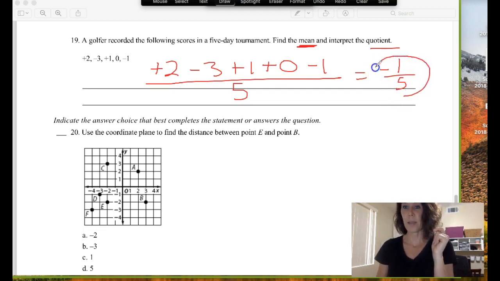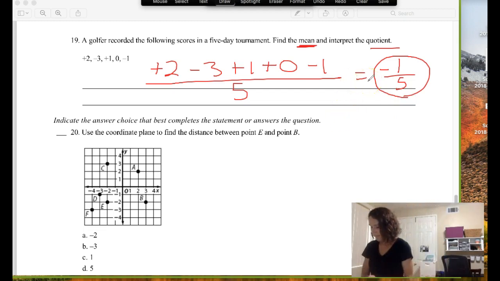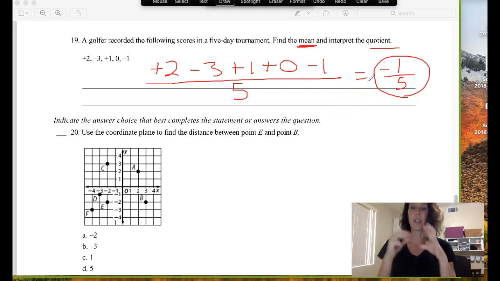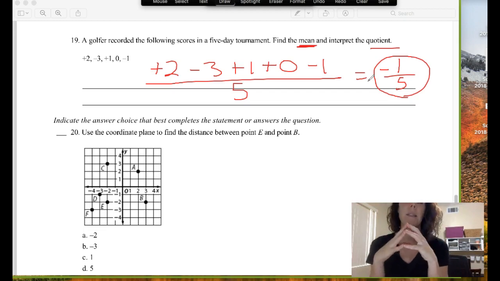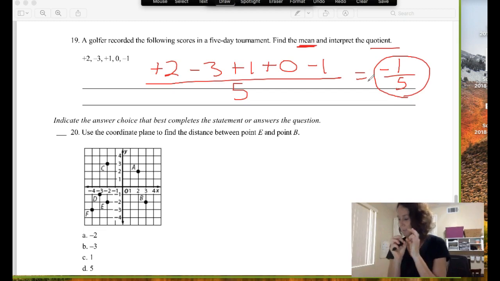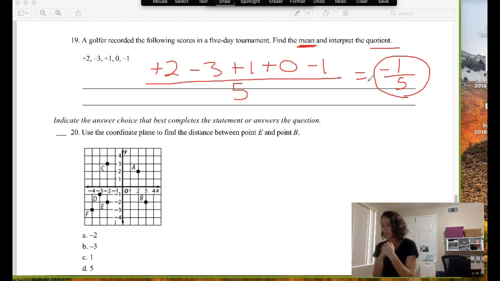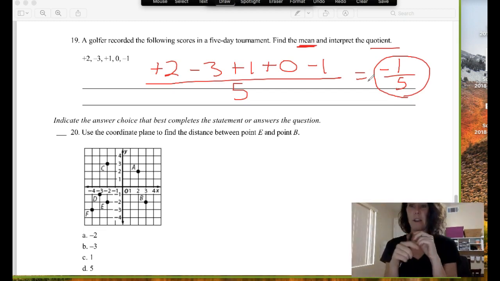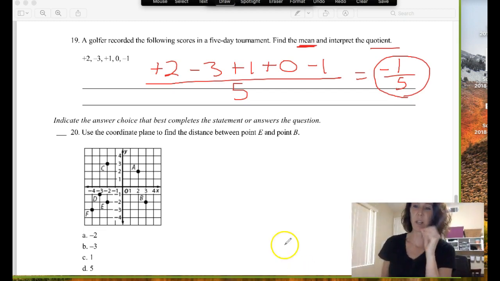So this is my average, -1/5, okay? What does that mean? That means 0 would be on par, right? Plus or minus. So he is barely under par, just barely below par for that 5 days, right? Just a little bit, not even 1 whole stroke, a fifth of a stroke under par, okay?